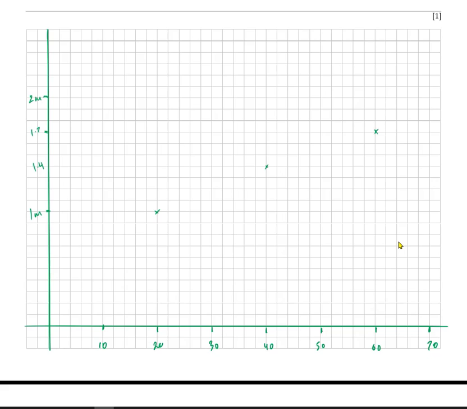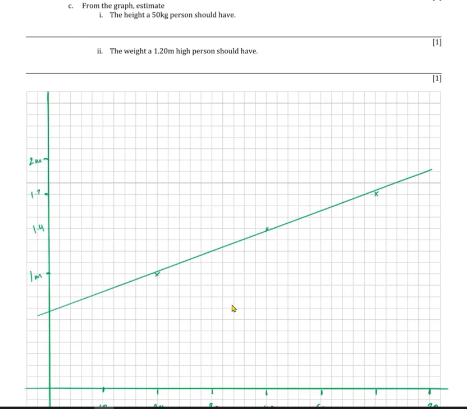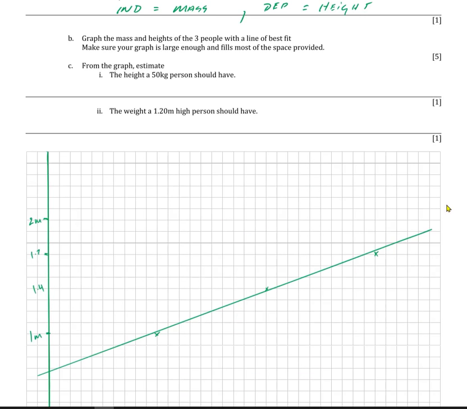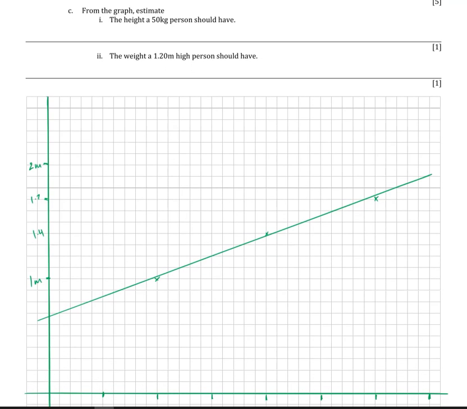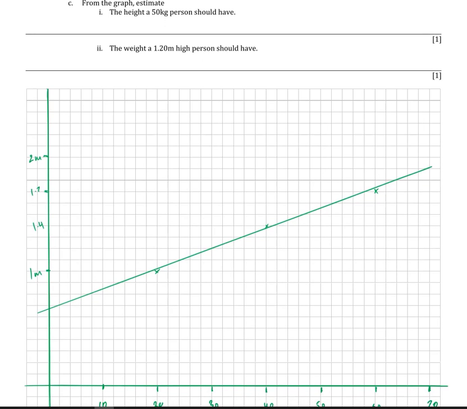So I'm going to draw my line of best fit here, because this is going to help me answer my questions in part C. Okay, so from the graph there, estimate the height a 50 kilogram person should have. If I've got a 50 kilogram person, we're looking at where that value crosses that line.